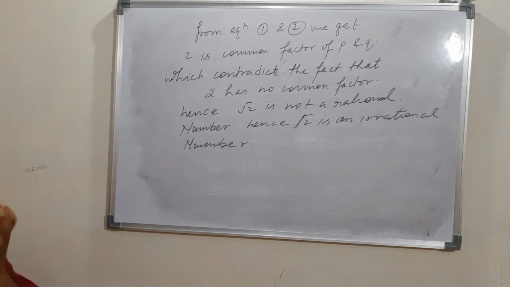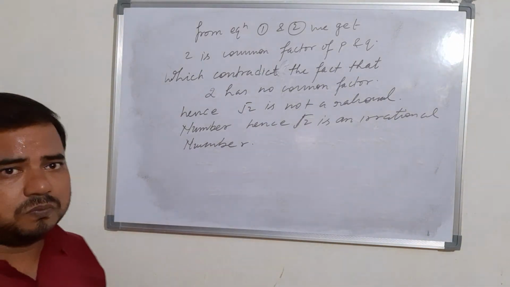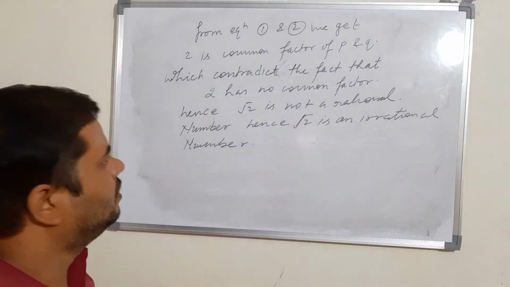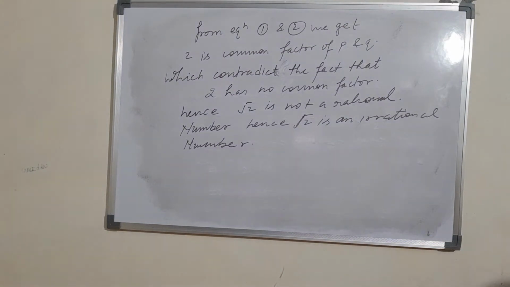Now we are going to prove that root 3 is an irrational number. Okay, so please note it down.